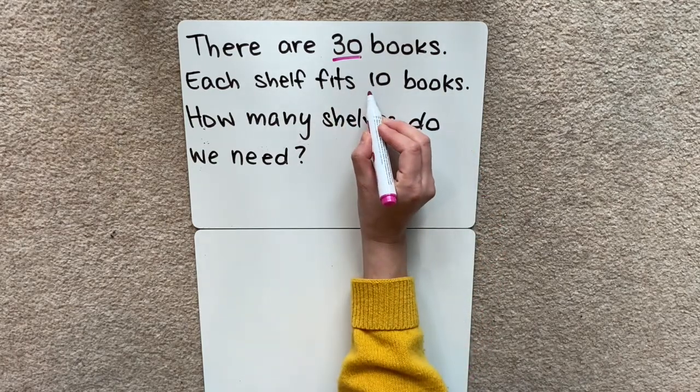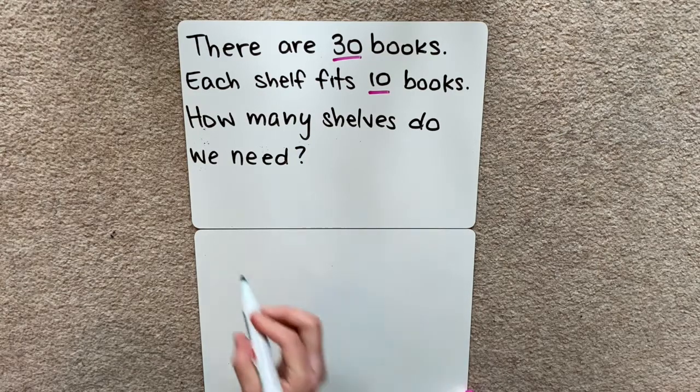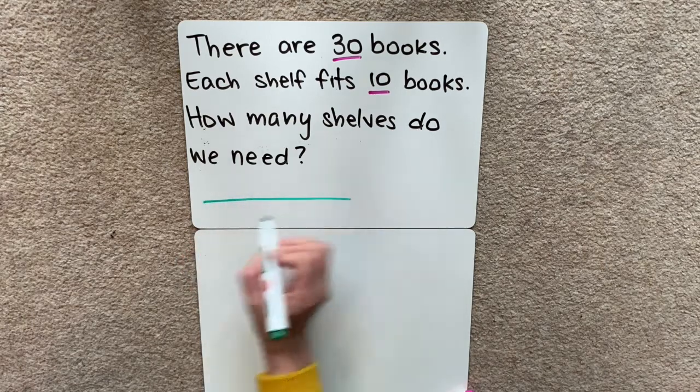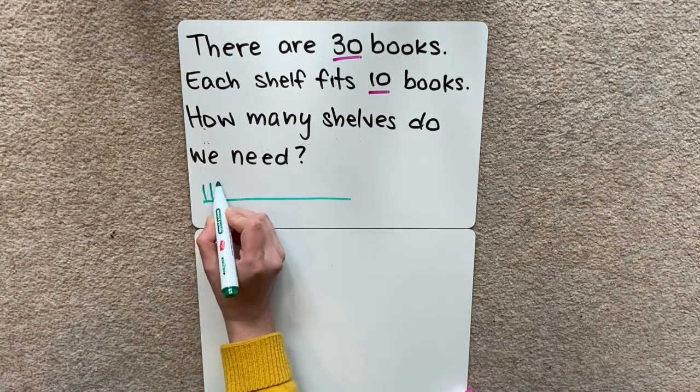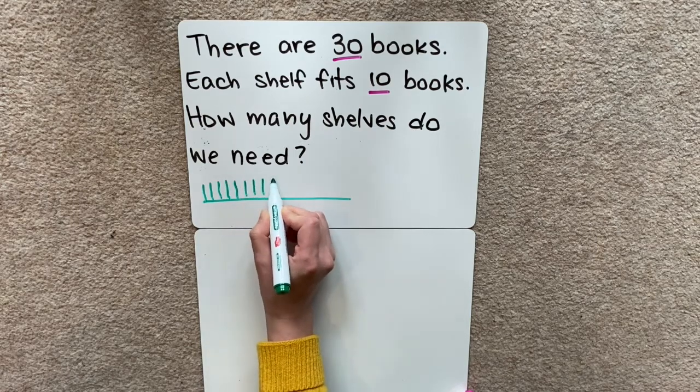Each shelf fits 10. We need to know how many shelves we need to fit all of our books. Let's draw a picture. I'm going to draw one shelf with 10 books.